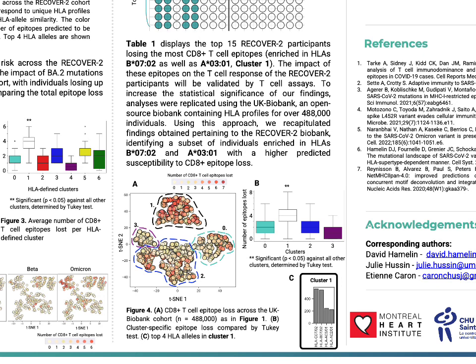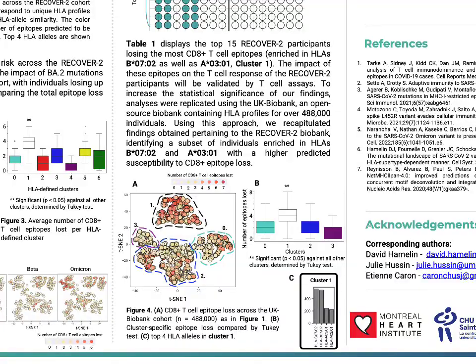By replicating our analyses, we were again able to cluster the participants into different HLA defined groups. And again, we identified one particular cluster which seems to be more susceptible to T-cell evasion. Once more, these individuals are enriched in the very same HLAs that we saw in the Recover2 cohort: HLA B0702, A0301, and A0201.